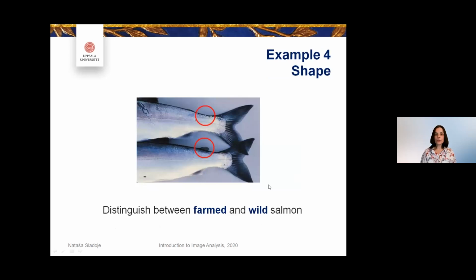If we want to differentiate between 2 species of salmon, or rather farmed and wild salmon, it appears that we should look for this particular difference in their shape close to their tails. So there is some shape feature which is enough for us to focus on and to solve the task of distinguishing between farmed and wild salmon.